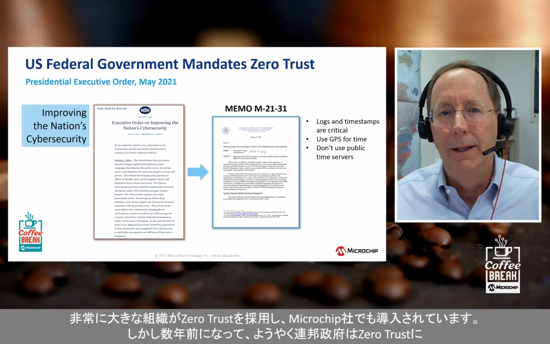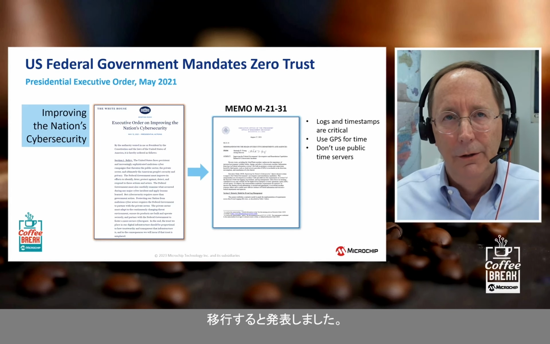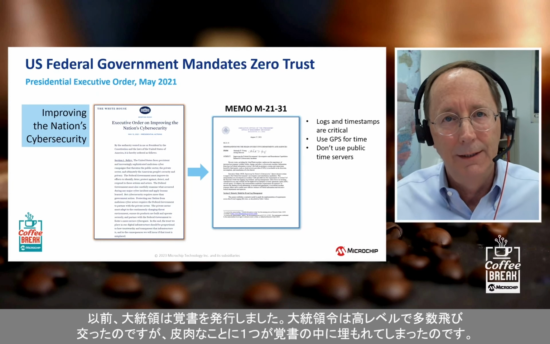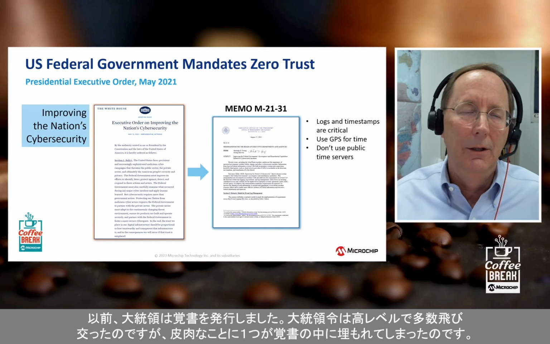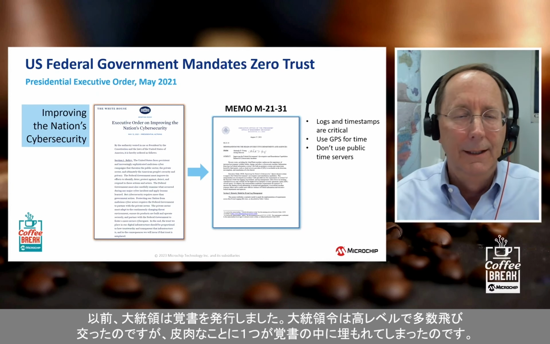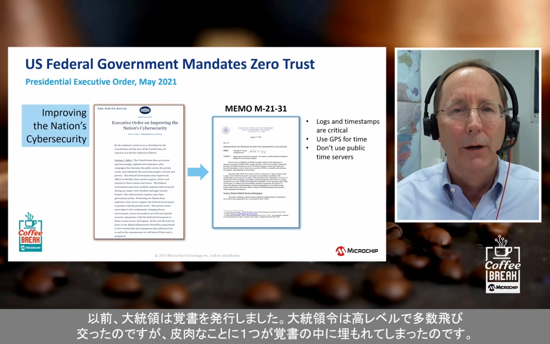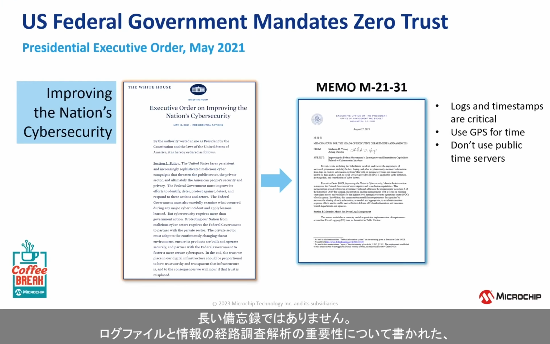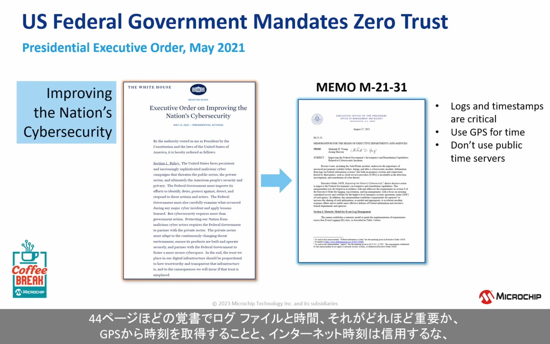Even Microchip's doing that. But a couple of years ago, the federal government said we're going to go to zero trust, and the president issued a memorandum. These executive orders fly at a high level, but ironically, buried in this memorandum, which is not that long, it talked about the importance of log files and network forensics.